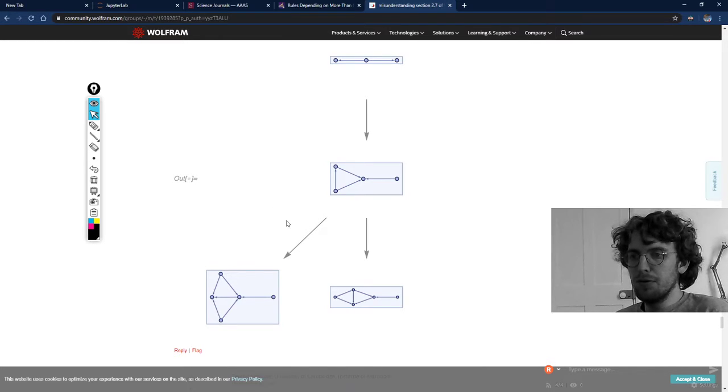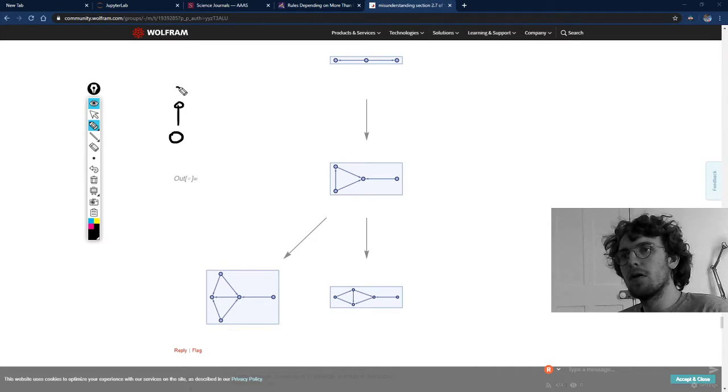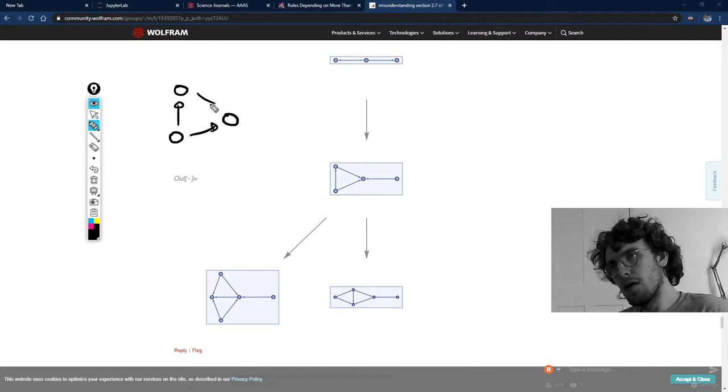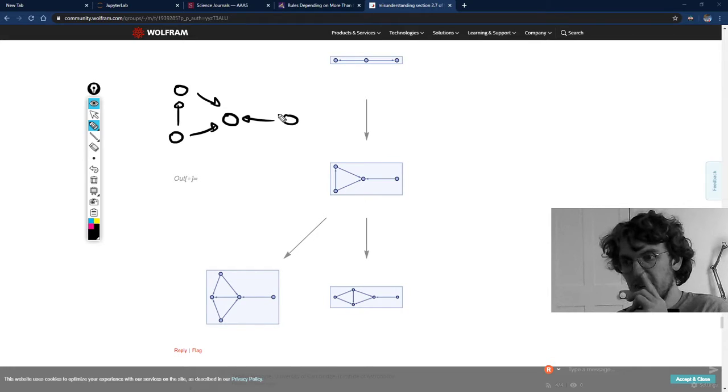Apparently it could go to one of two different places, so somehow we can get from here to here.